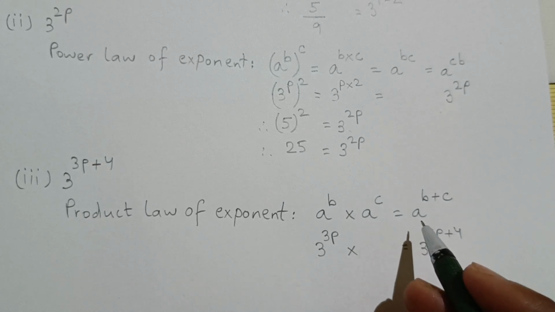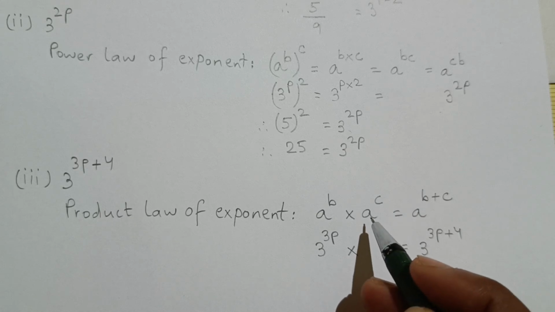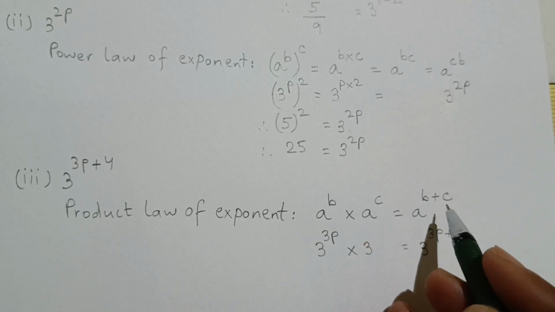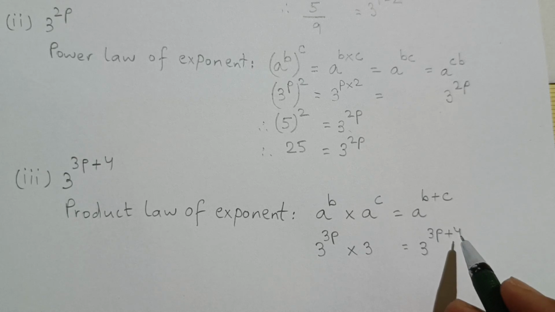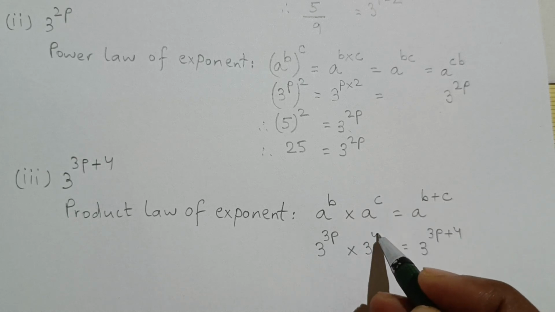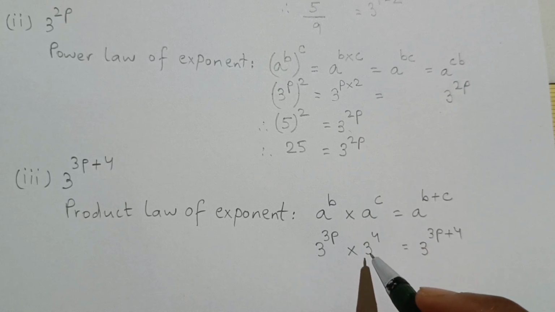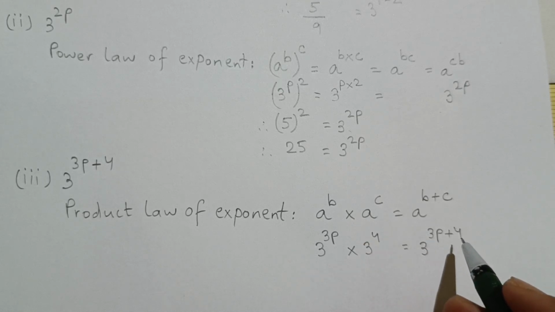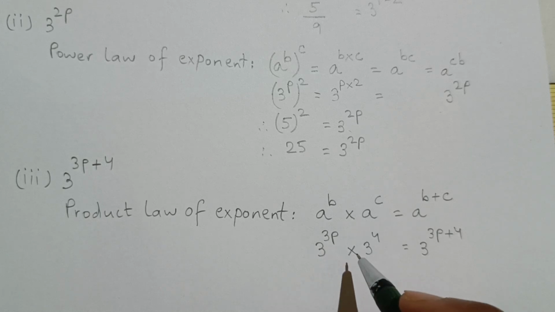Now a is 3, so instead of a I will write 3. C is 4, so instead of c I will write 4. So a to the power c becomes 3 to the power 4. So 3 to the power 3p plus 4 becomes 3 to the power 3p into 3 to the power 4.